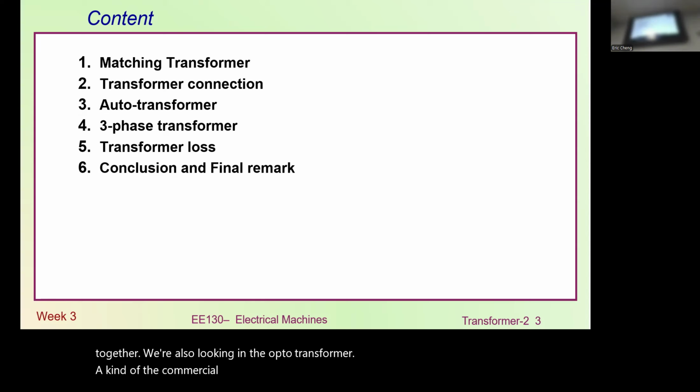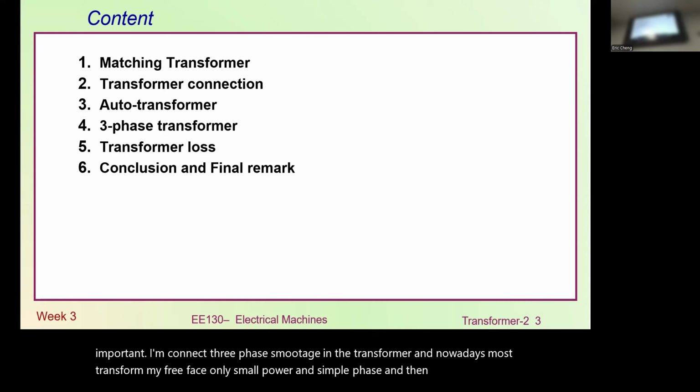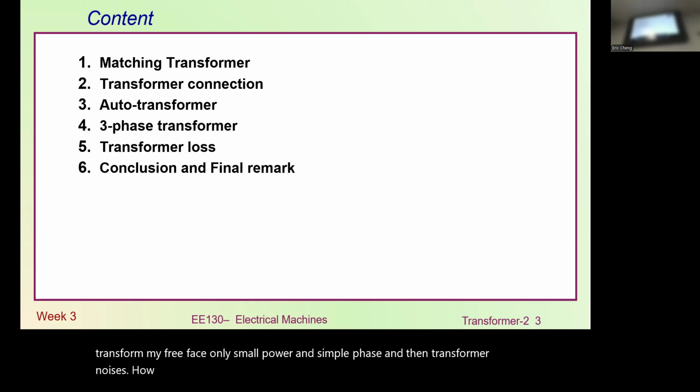The three-phase transformer is also really important: how to connect three-phase voltage in the transformer. Nowadays most transformers are three-phase, only small power ones are single-phase. And then transformer losses, how to calculate losses for components like those we mentioned just now. That's another important topic we would like to look into.